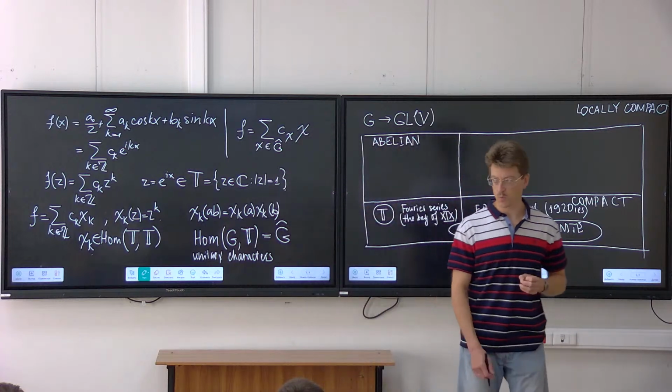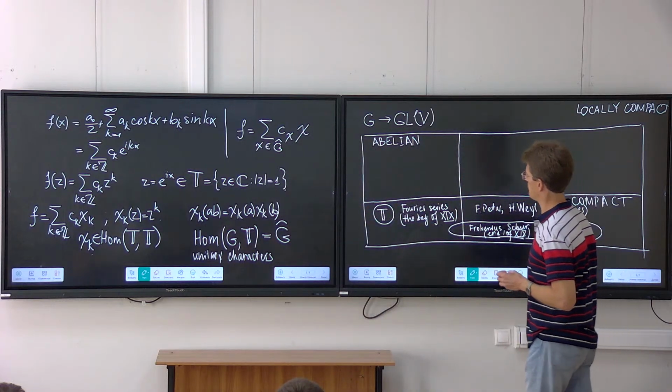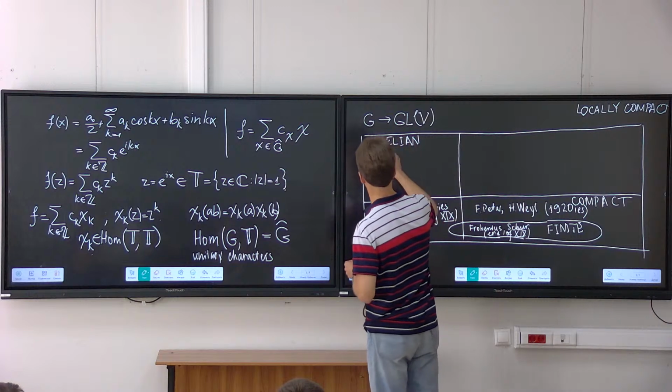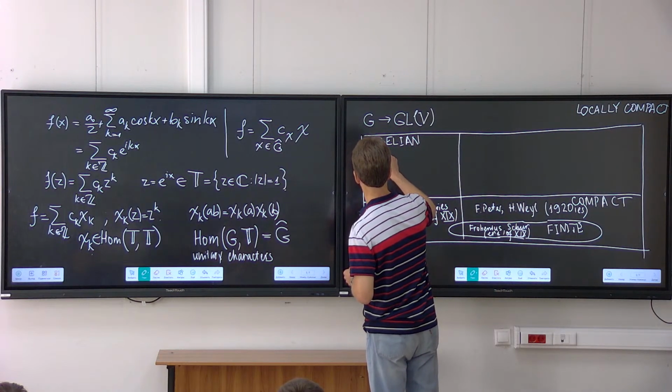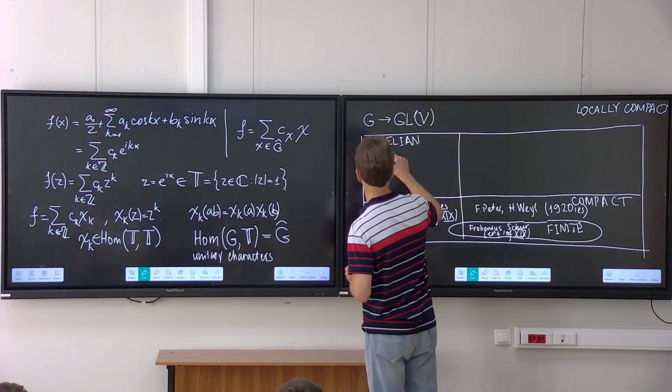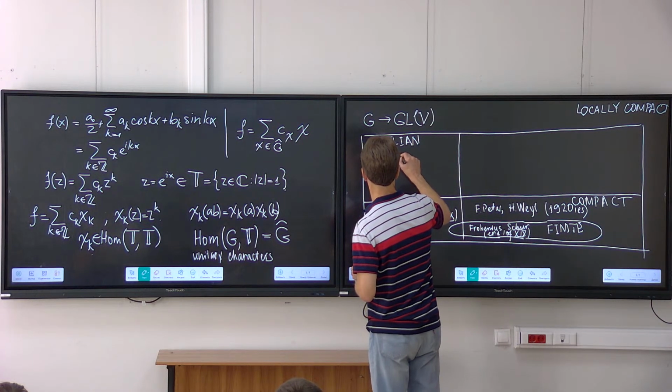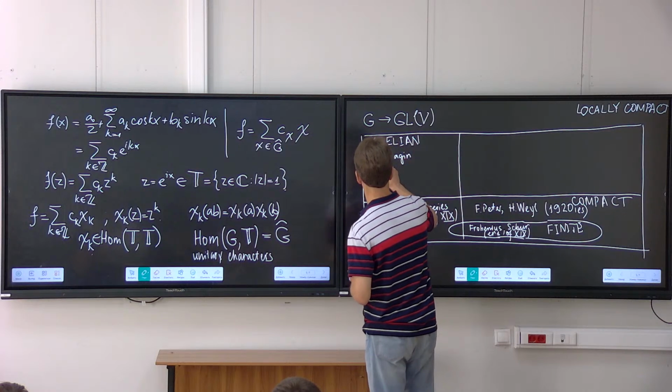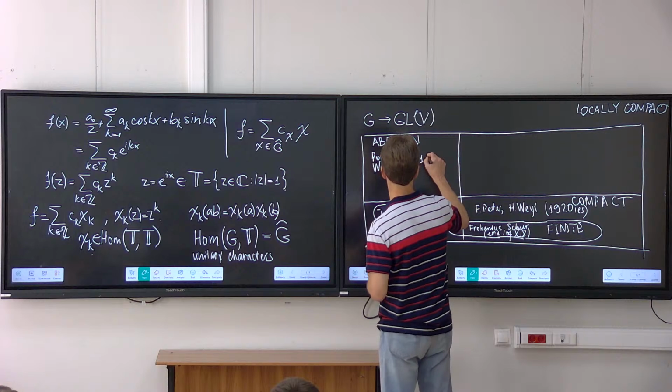And the respective theory was created in the 1930s, first by Pontryagin, and by Andre Weil, in the 1930s.